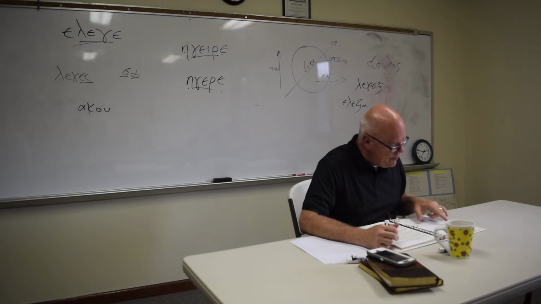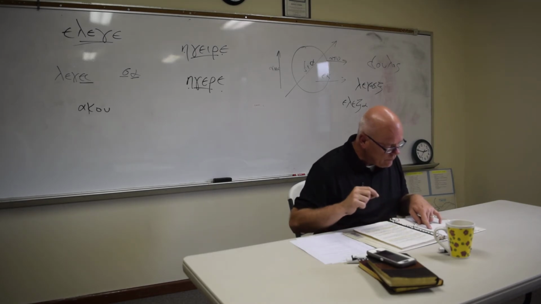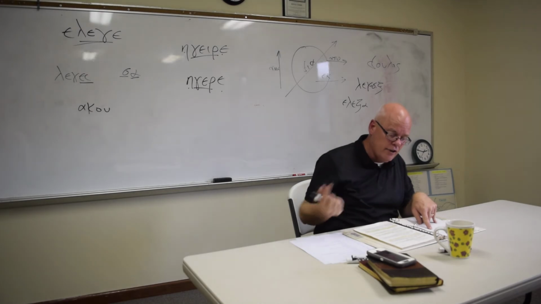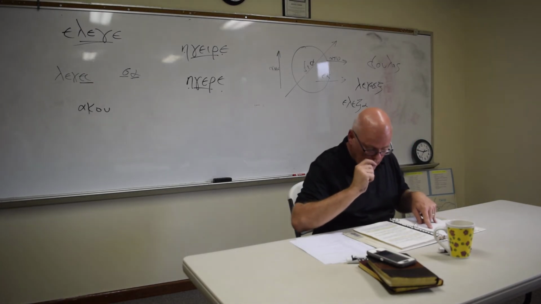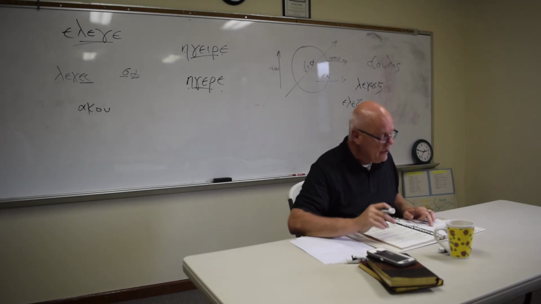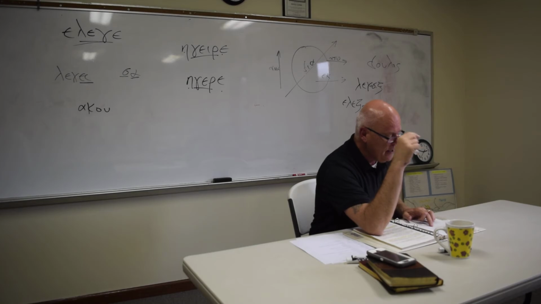Okay, the predicative position of the adjective asserts something. So the adjective asserts something about the noun. In this case, you've got agathos, ho doulos. Now notice here the difference.